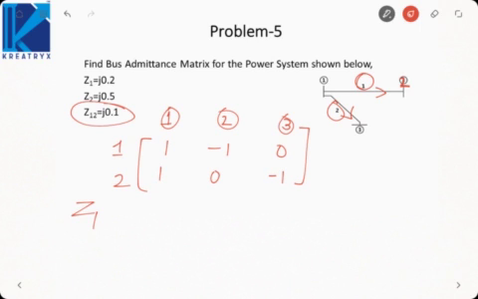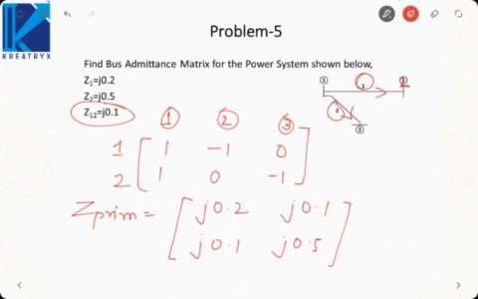Now we have to form Z primitive. It will be j0.2 self, j0.1 mutual, j0.1 mutual, j0.5 self. If we wish to take the inverse of a Z primitive, then a 2 by 2 inverse is taken by interchanging the diagonal elements and changing the sign of the off-diagonal elements.